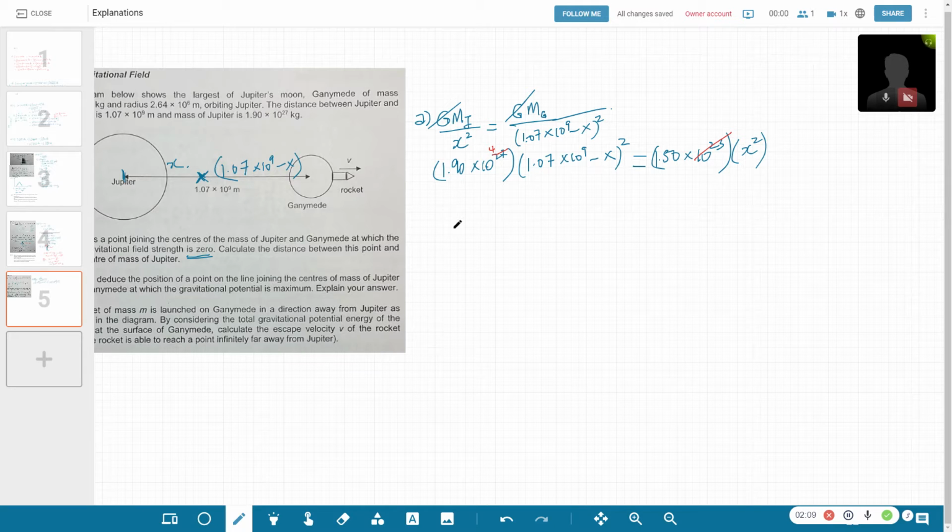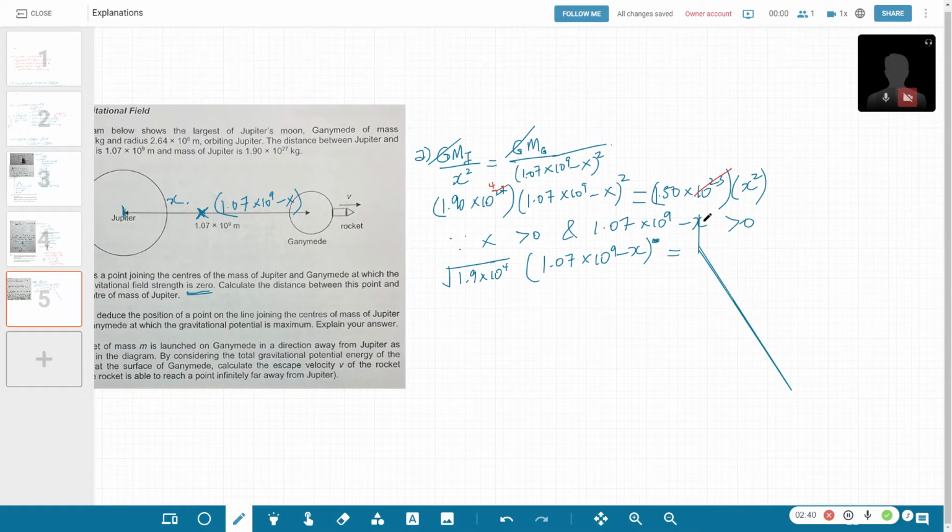Because x is greater than 0 and 1.07 times 10 power 9 minus x is also greater than 0, both are positive, so we can square root both sides. Square root of 1.9 times 10 power 4, times (1.07 times 10 power 9 minus x), equals 1.5 x.